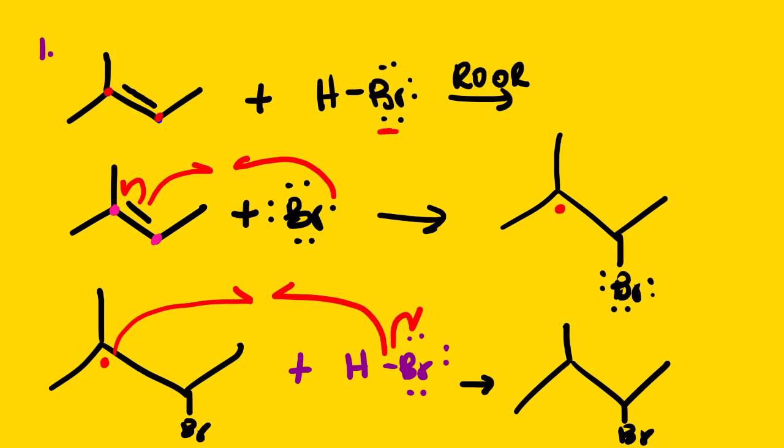So our halide should have joined the most substituted carbon, but instead it has joined the least substituted carbon due to following the most stable radical. We need a stable radical, and then it will form an anti-Markovnikov product.